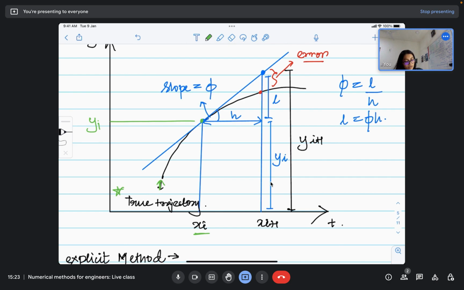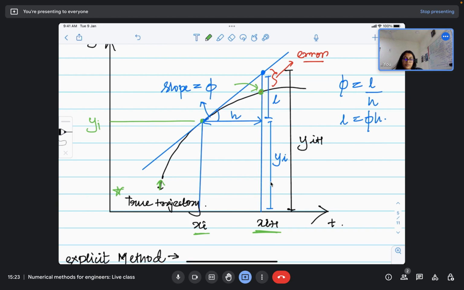Now what we are interested in doing is basically estimate or approximate the value of y at xi plus 1. Okay, so we are basically interested in finding out this value.